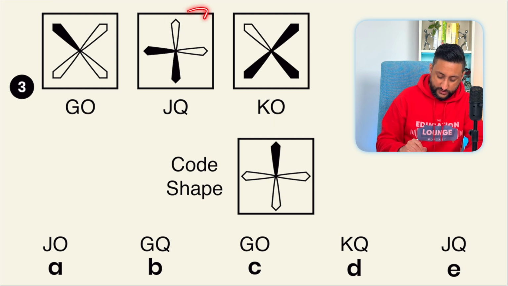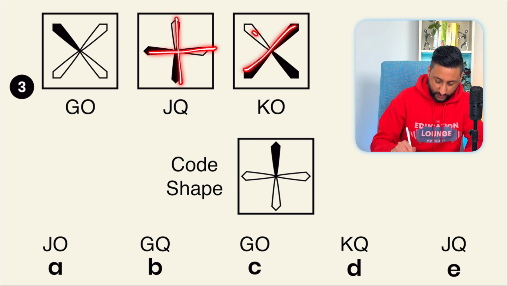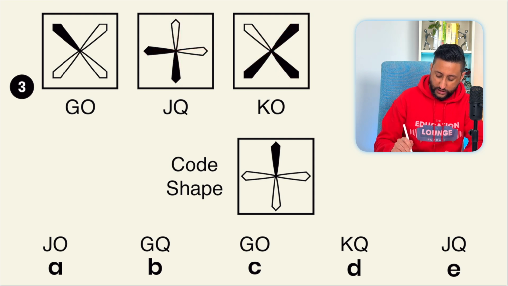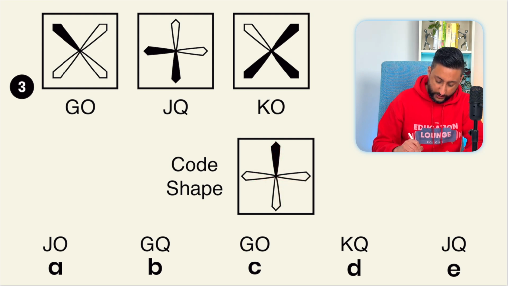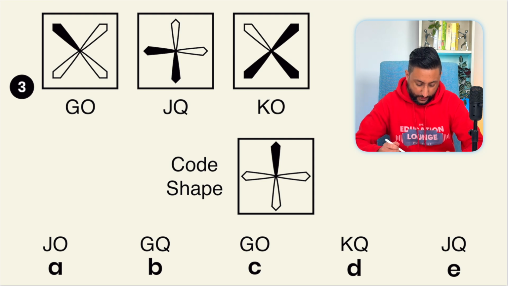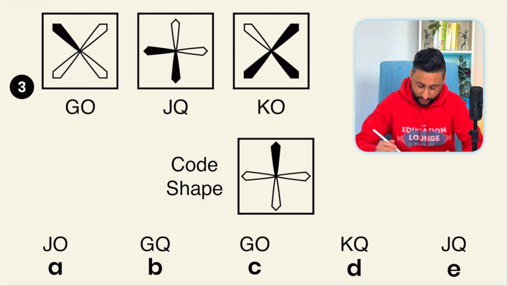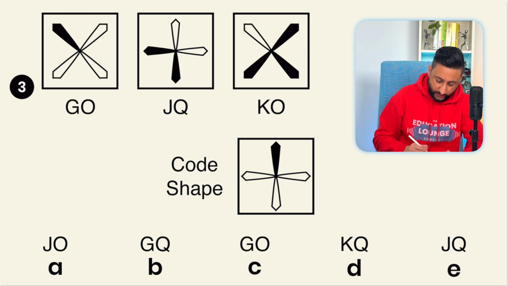What is different about this compared to these two? Well, this is like a plus sign, and this is a multiplication sign. So is our code shaped like a plus or a multiplication? It's shaped like a plus, so we're going to go with Q for that, and we're going to eliminate anything that doesn't end in a Q.